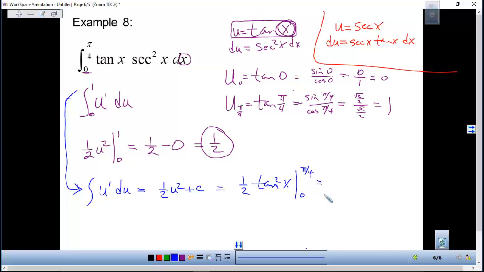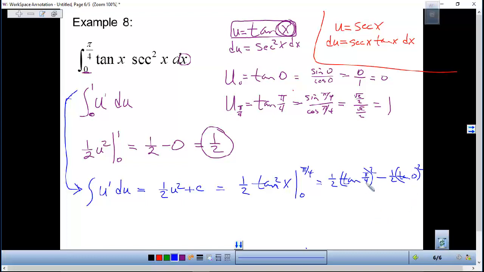So now, what happens when we do this? Well, now we're going to plug in pi over 4. We're going to get 1/2 the tangent of pi over 4 squared, minus 1/2 the tangent of 0 squared.